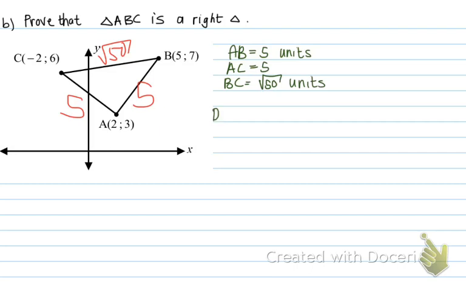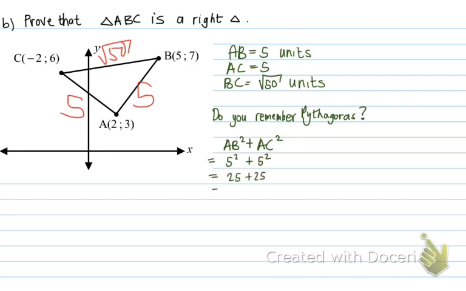Do you remember Pythagoras? Pythagoras says that it only works in a right angle triangle. So if I take these lengths and do Pythagoras, AB squared plus AC squared gives me 25 plus 25, which is 50. And I take the other side, BC squared, which is the square root of 50 squared.